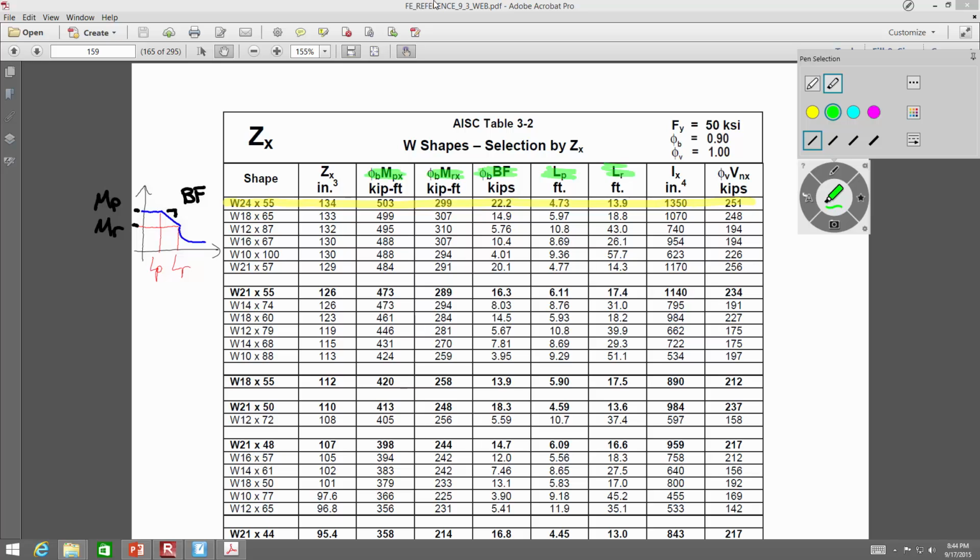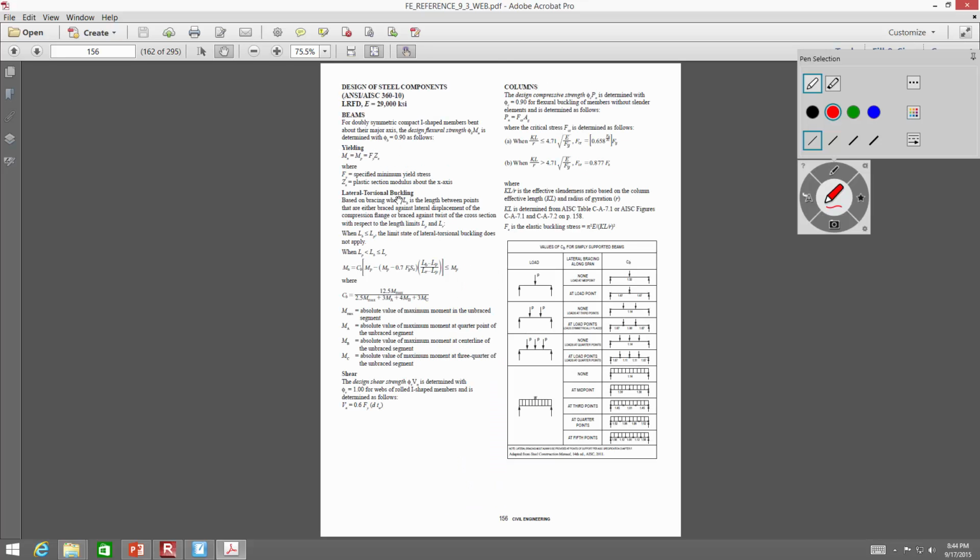So would you agree that we are in between Lp and Lr? So that puts us in that straight line inelastic lateral torsional buckling region, right? So I got to use my eraser, sorry. I'm having fun messing with this, I'm not going to lie.